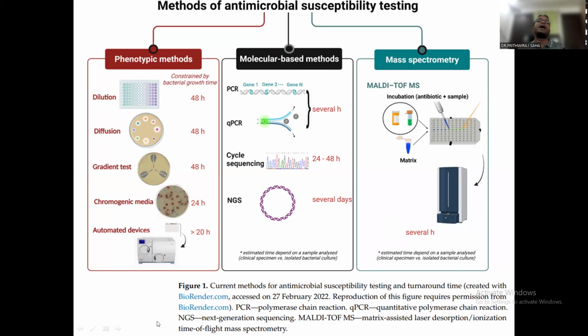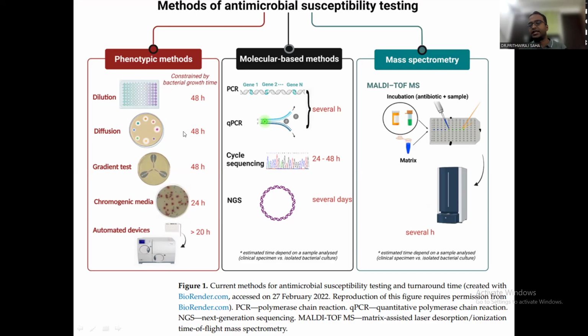We have to keep in mind that most laboratories use Vitek 2, an automated device, which is why they can give results very early. But even nowadays, in some government hospital setups, the diffusion disc is used.